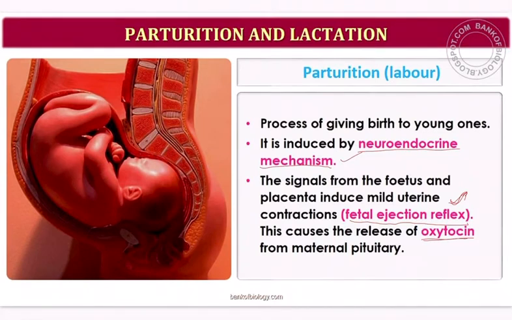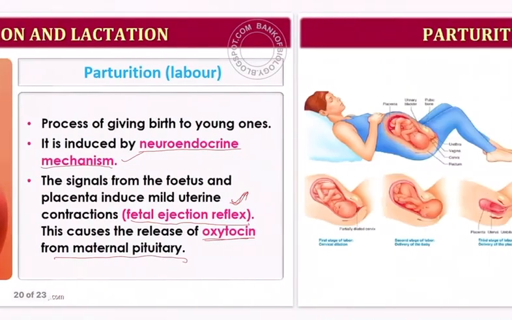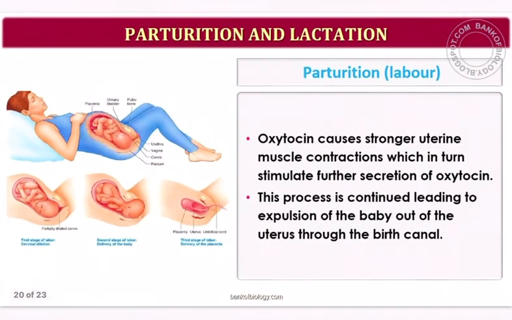This is most important, you must remember, fetal ejection reflex, and this causes the release of a hormone called oxytocin, happy hormone. It makes the muscles relax. Once the muscles relax, uterine walls relax, cervix relax, vaginal walls are relaxed, and it is easy for the separation, parturition. Okay, so oxytocin plays a crucial role.